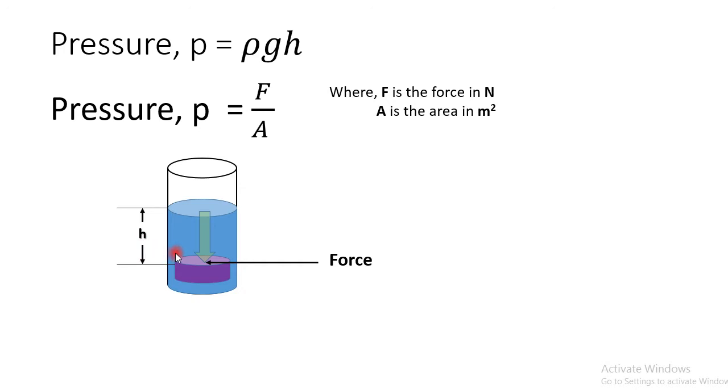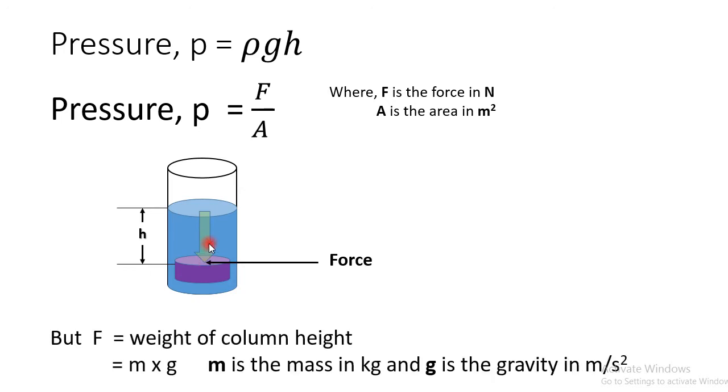It could be in centimeters, it could be in meters, but whenever we are working out the pressure, it has to be converted to meters. The column height above this coin is represented by the letter h, and the surface area of this coin on which the water is acting is represented by the letter a.